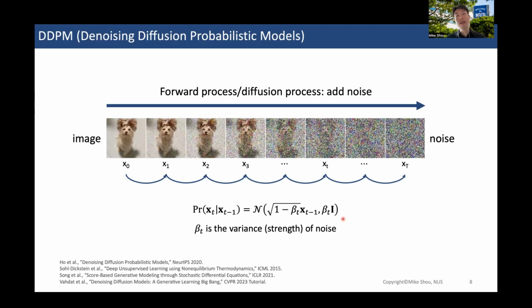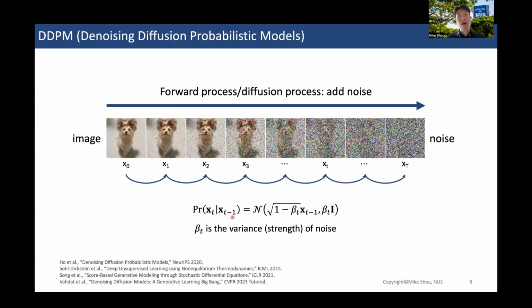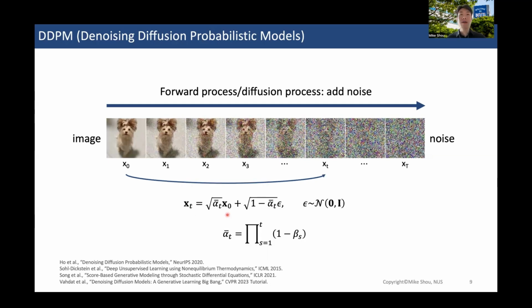It essentially samples some random Gaussian noise and adds it onto the image. This equation is about going from t-1 to t, so just 1 step forward. And after some mathematical derivation, you would find that we can directly go from, for example, x_0 to x_t. This can also be well defined by this equation.